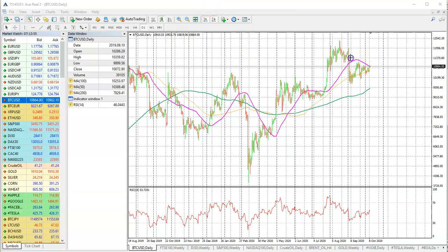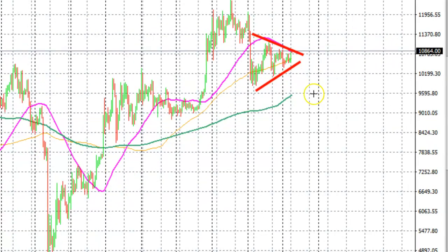However, there is an important pattern which is forming right now, also known as a symmetrical triangle. In order to form that symmetrical triangle, all you have to do is join the lower highs by a trend line, and then join the higher lows by a trend line as well, just like the way that I've done.